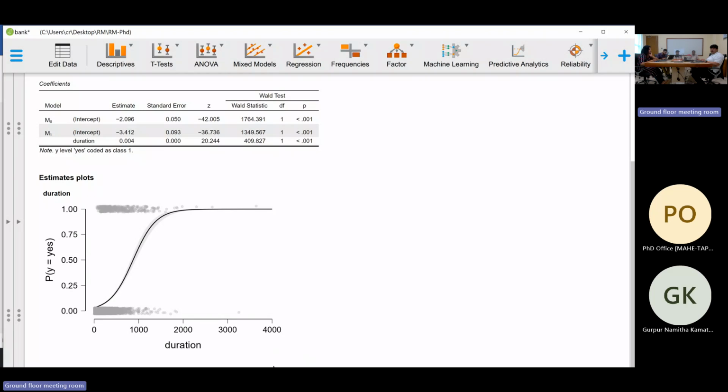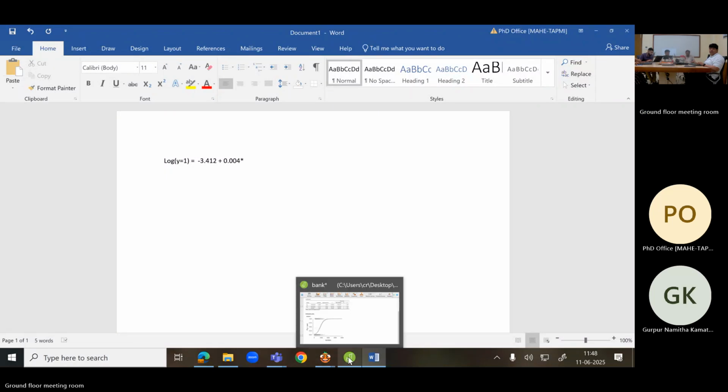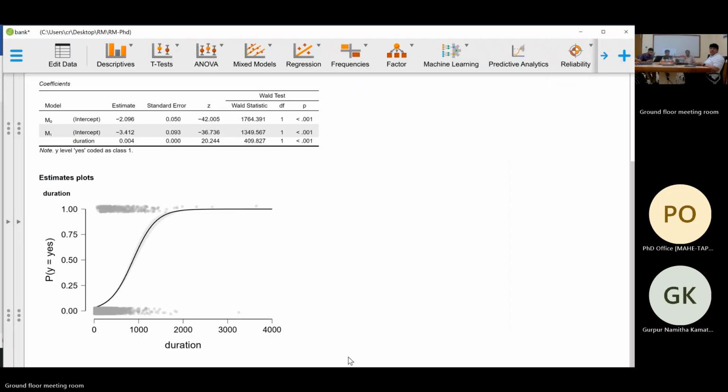So minus 3.412 plus 0.004 into duration.